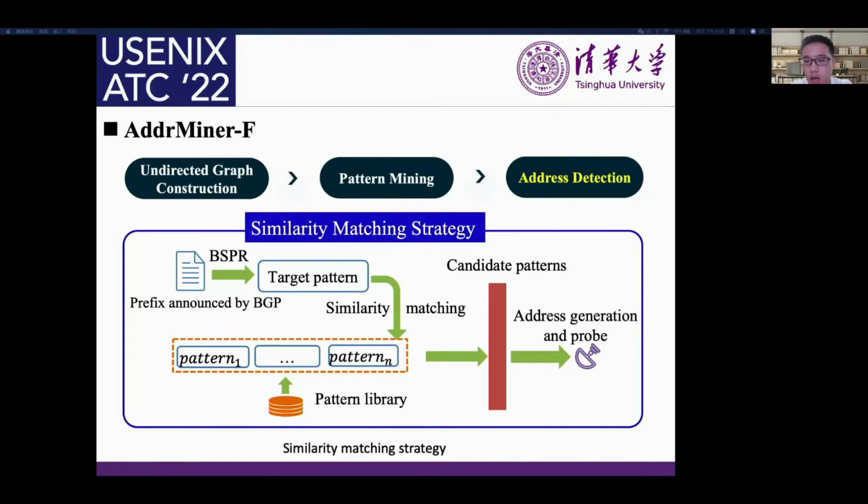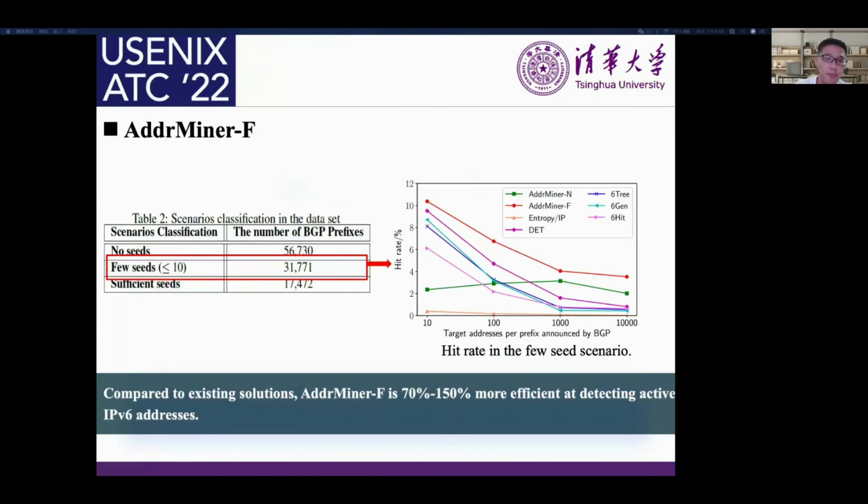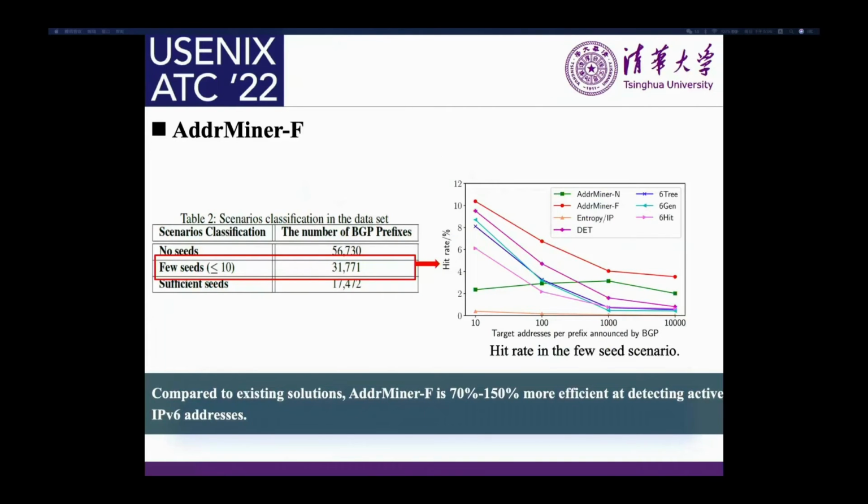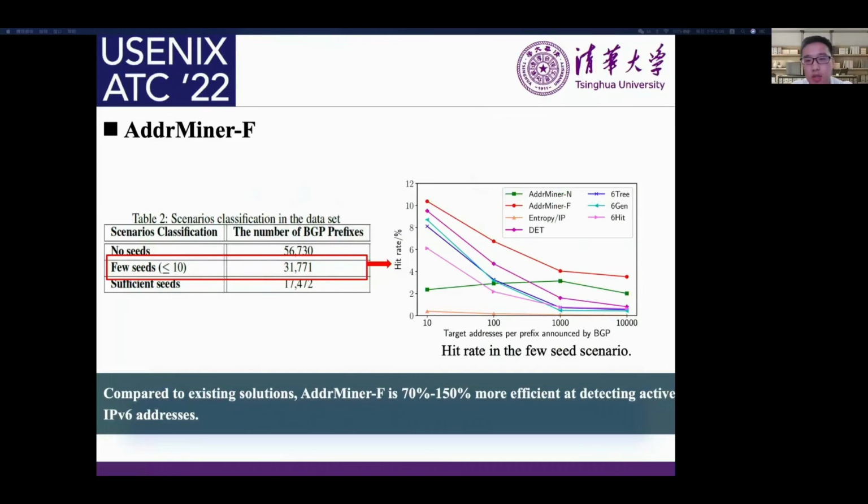After obtaining the candidate patterns, we use them to generate target addresses under the target prefix. Compared to existing solutions, AddrMiner-F is 70% to 150% more efficient at detecting active IPv6 addresses.